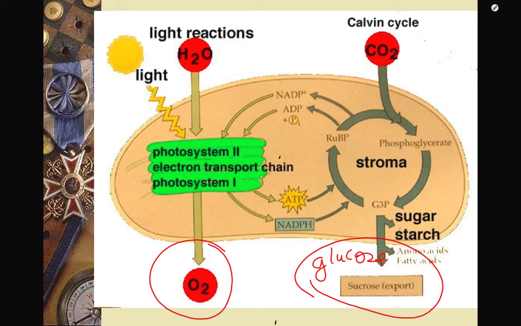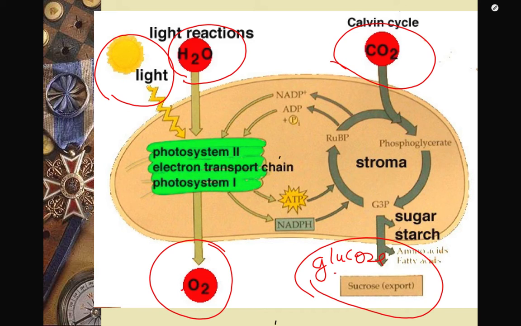What are the reactants of photosynthesis? Light, water, and carbon dioxide. Those are the reactants. Again, what are the products? Glucose and oxygen.